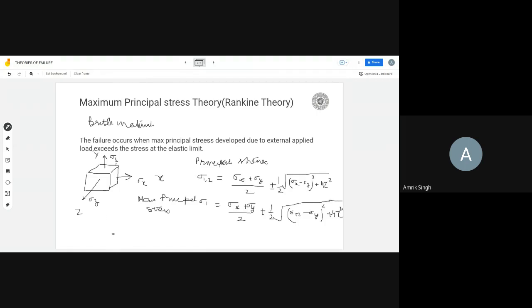So this is the maximum principal stress, and the minimum principal stress will be equal to sigma 2, and this is equal to sigma x plus sigma y divided by 2 minus half under the root, sigma x minus sigma y whole square plus 4 tau square.